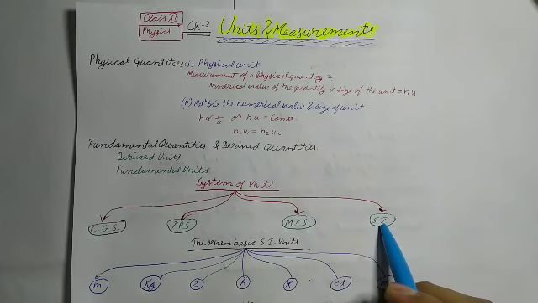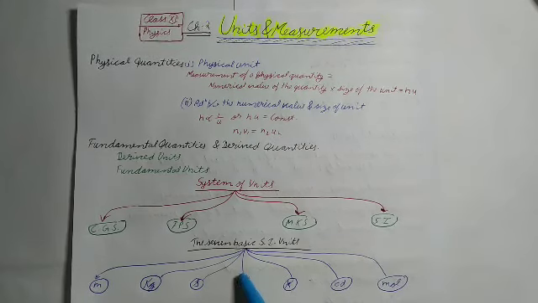SI. SI is the abbreviation for Système International d'Unités, which is a French equivalent for International System of Units. In this system, the fundamental units of length, mass, time, electric current, temperature, luminous intensity, and amount of substance are meter, kilogram, second, ampere, Kelvin, candela, and mole, respectively.